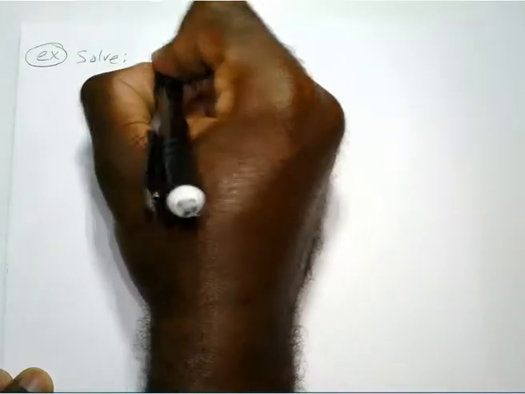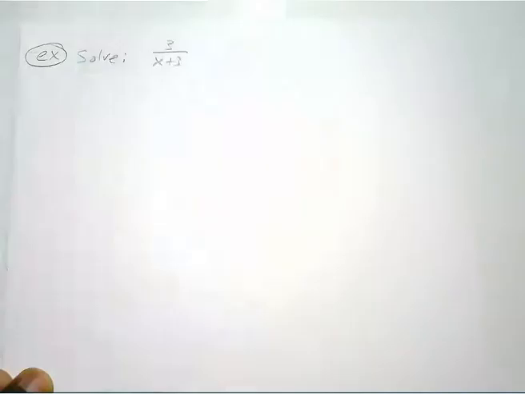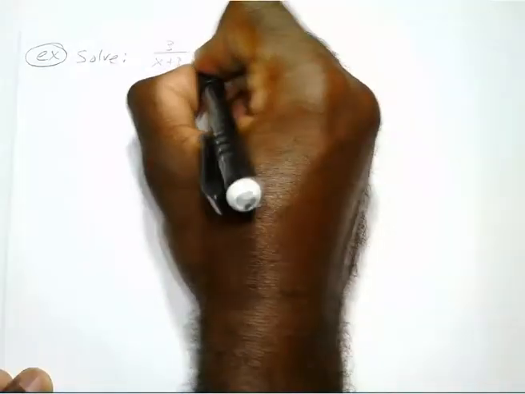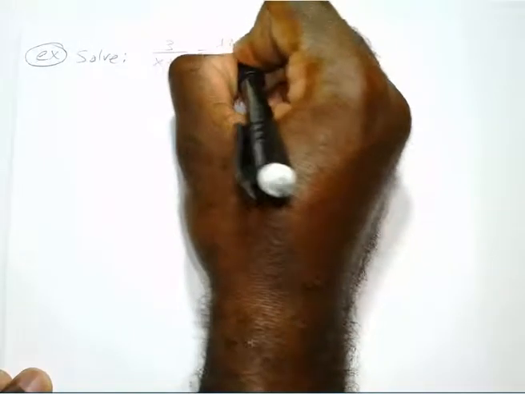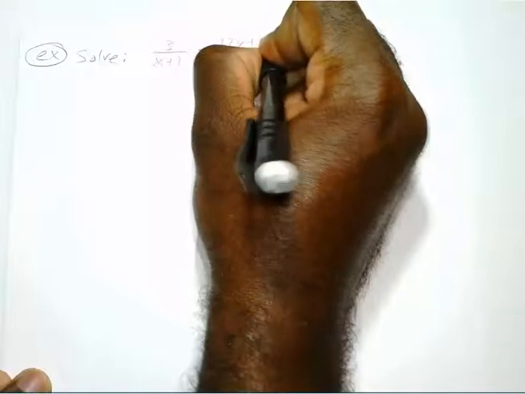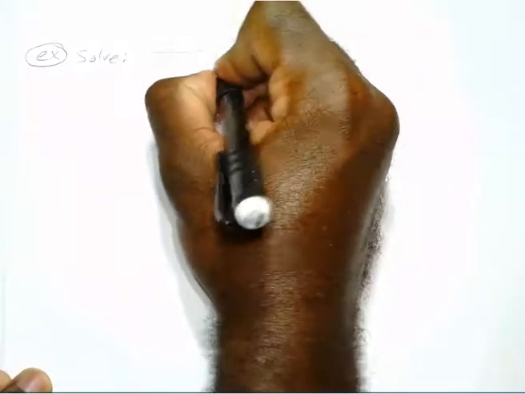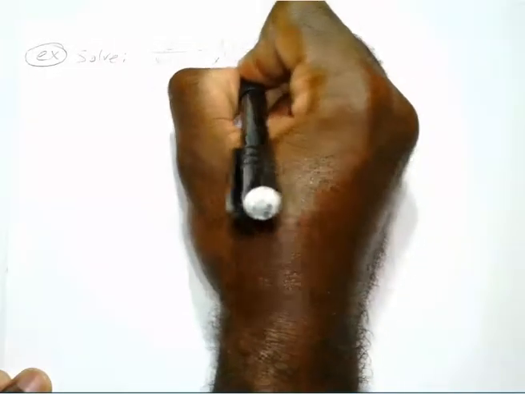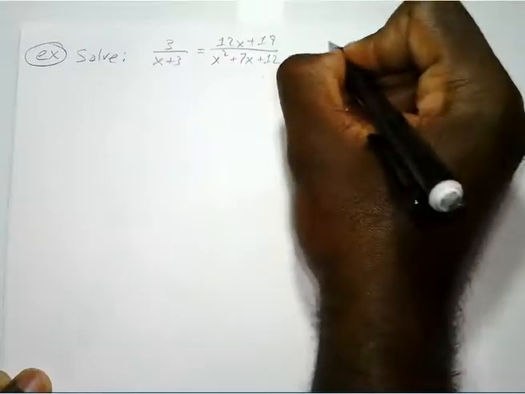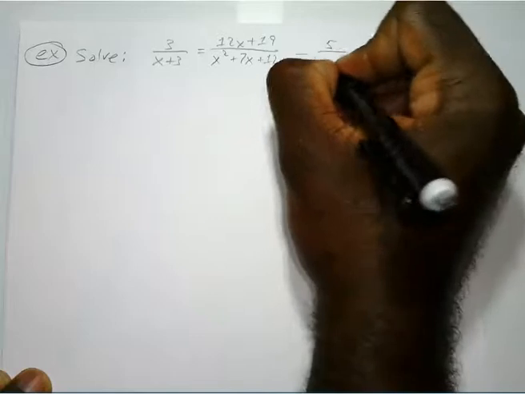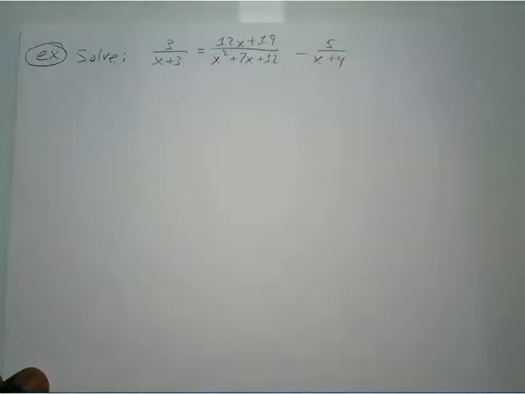All right, so let's say, for example, if we wanted to solve the equation 3 over x plus 3 equals 12x plus 19 over x squared plus 7x plus 12 minus 5 over x plus 4.